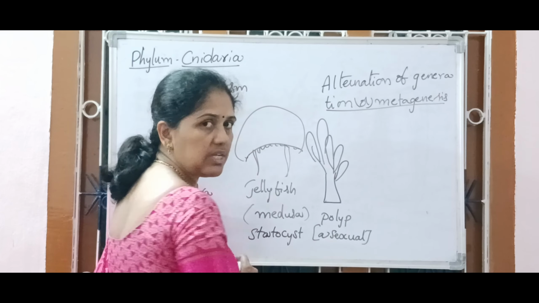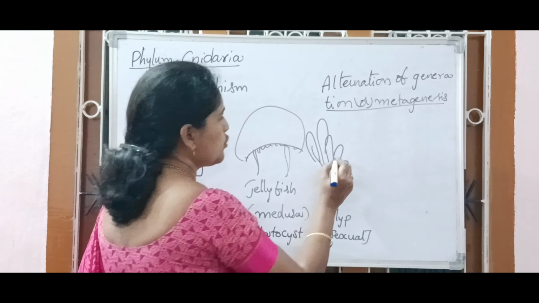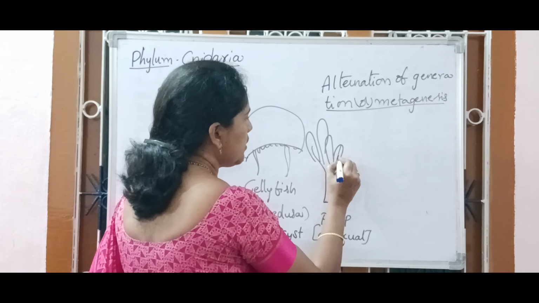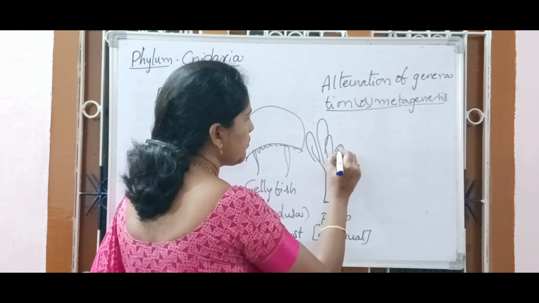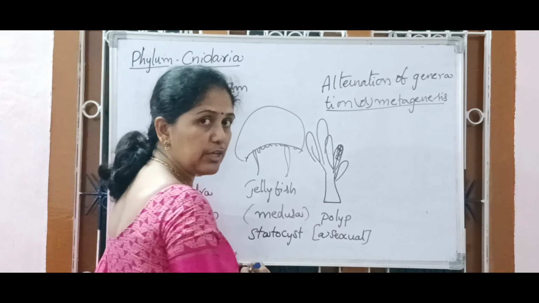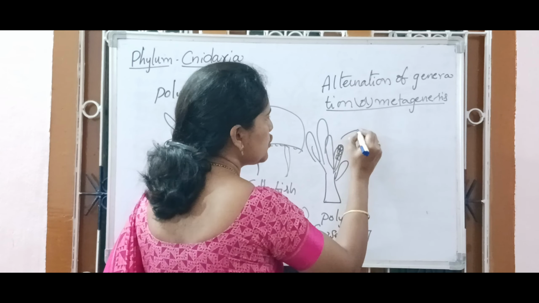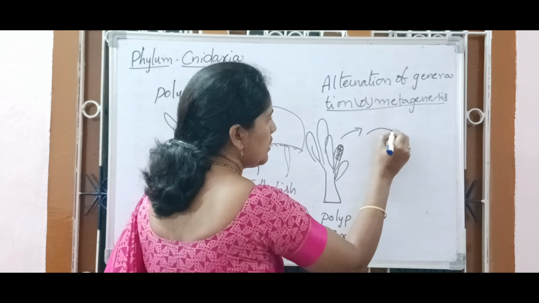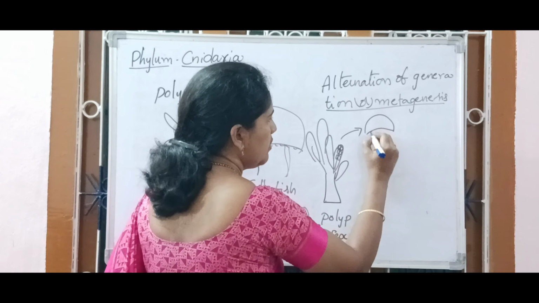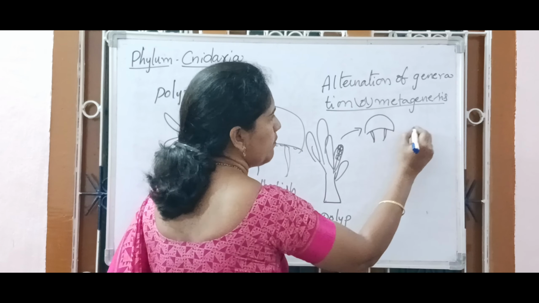Here in the blastocyst, they form some medusoid buds. These are called the medusoid buds. These medusoid buds burst and are released into the water. Now among those, some are male, some are female.